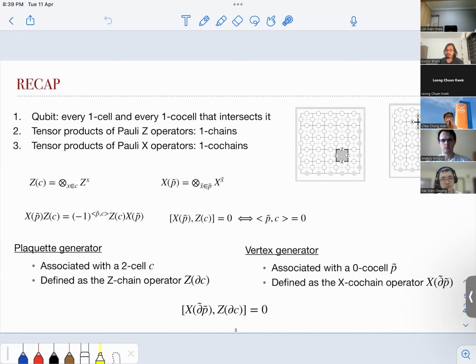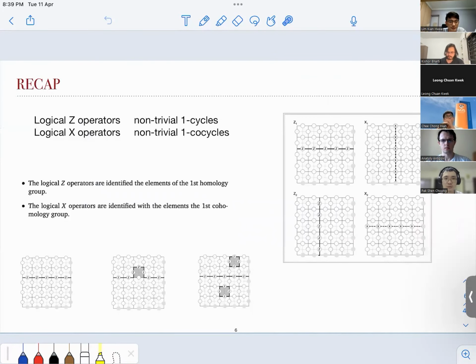Actually, using the fundamental lemma of homology and the definition of co-boundary, you can prove this, as we discussed last time. Logical Z operators are non-trivial one cycles. Logical X operators are non-trivial one co-cycles. Logical Z operators are defined as elements of the first homology group, and X operators as elements of the first cohomology group.